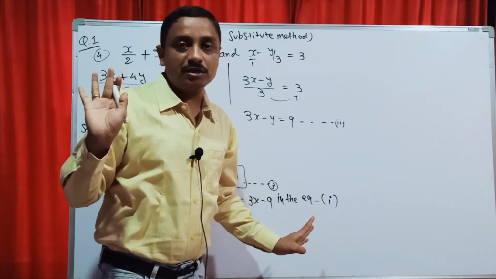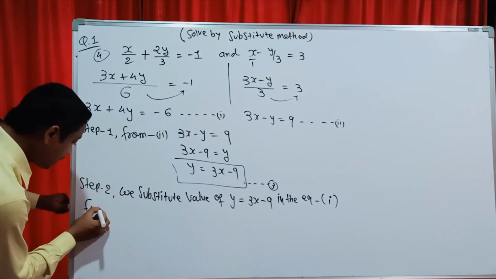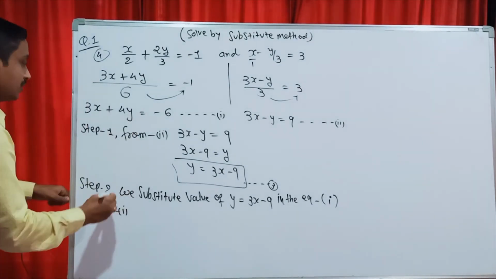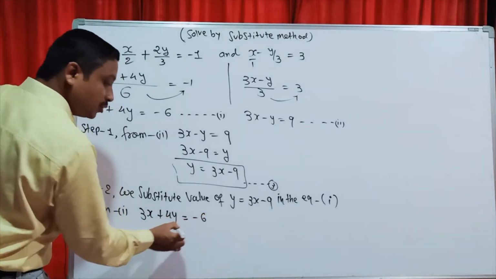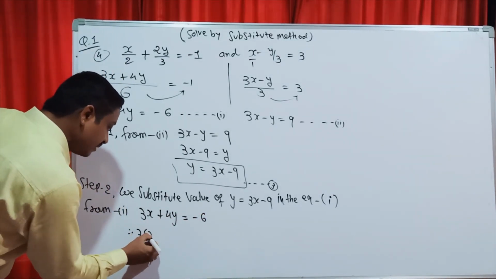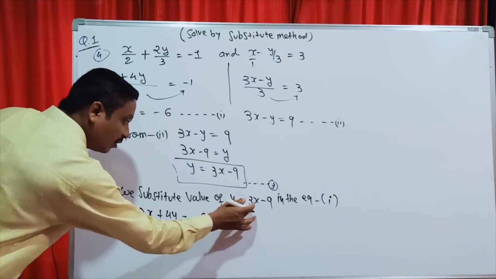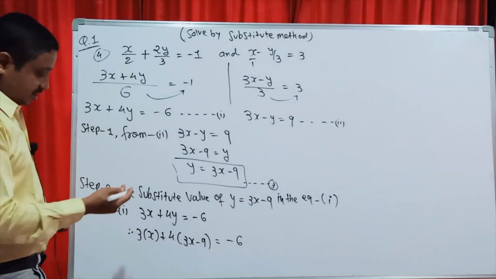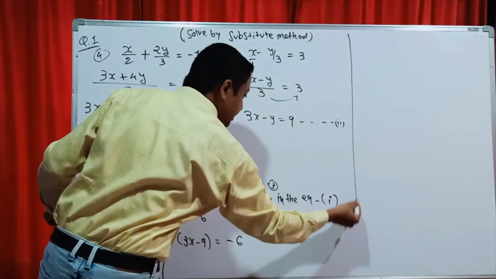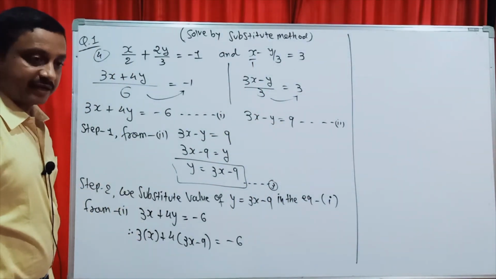These are the main steps. So from 1, what is the one? 3x plus 4y is equal to minus 6. Just apply the y value in this form, 3x minus 9.